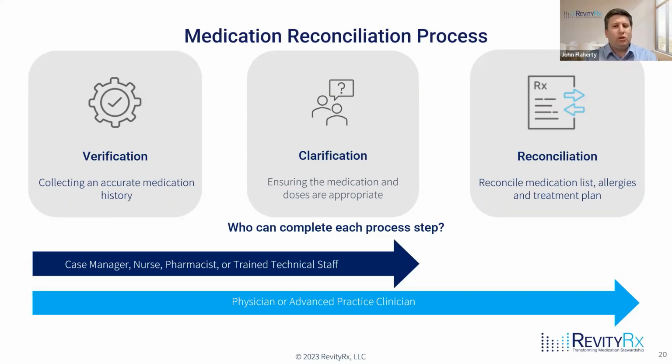Instead, we find that it's crucial for the case manager to understand what their organizational processes, policies, and workflows for med rec are, their specific role, and then to have a working knowledge regarding what the information flow looks like between settings.